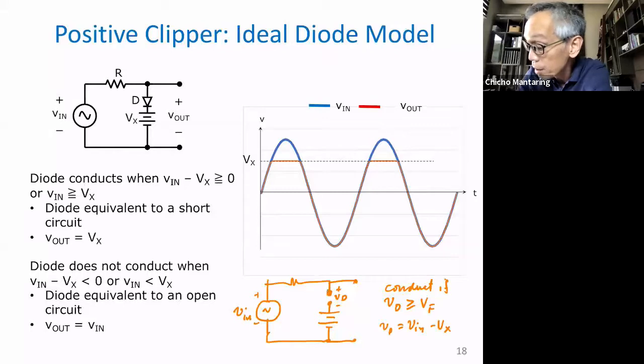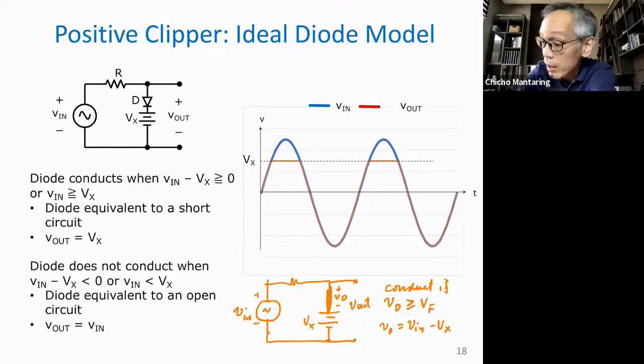Short circuit yan. So ano value ng V out? Okay? Kahit ano pa man yung voltage dito, ano? The value of V out will just be equal to the value of Vx when your diode is a short circuit. That is why the output is limited now to Vx. Hindi siya lalampas sa Vx.